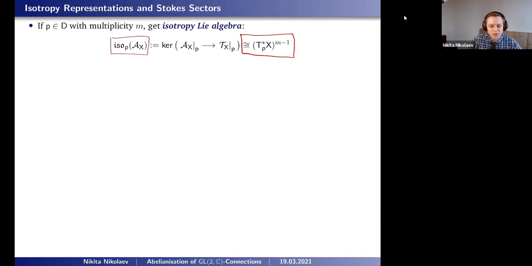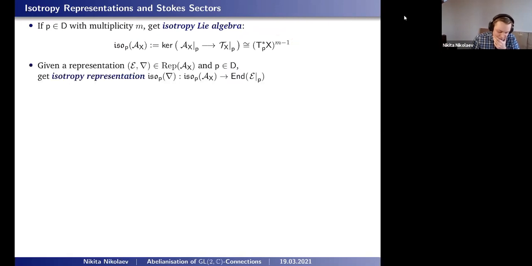This is what is meant by multiplicity M, which means its (M minus 1)st jet is 0, but the Mth jet is not 0. And so when you look at the Mth jet sequence and take an appropriate quotient, you get precisely this cotangent space. So that's where the cotangent space comes from.